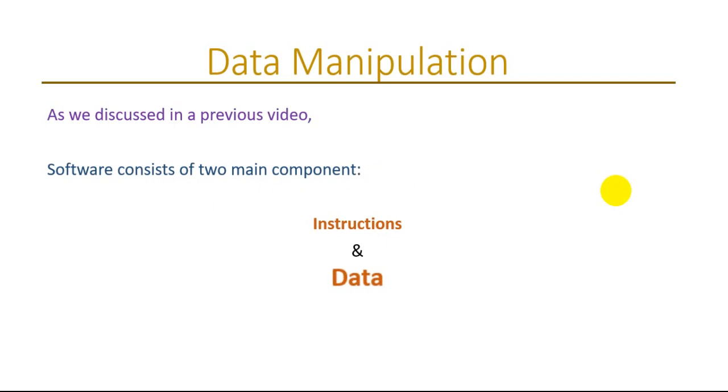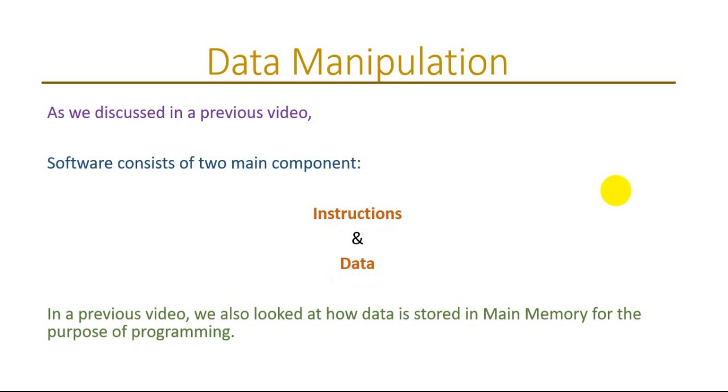I have repeated this so many times: software is a combination of instructions and data. Also, we looked at in our previous video that data is stored in main memory.